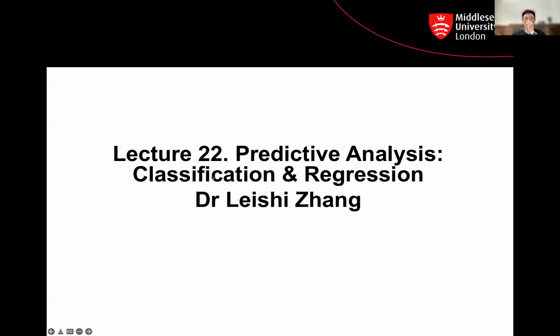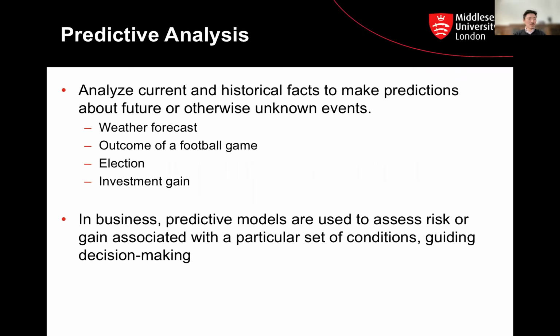Most of you know what classification is. Regression is about fitting the data to a curve, so you can know the relationship between different attributes of the data. We're going to talk about that in a bit more detail.